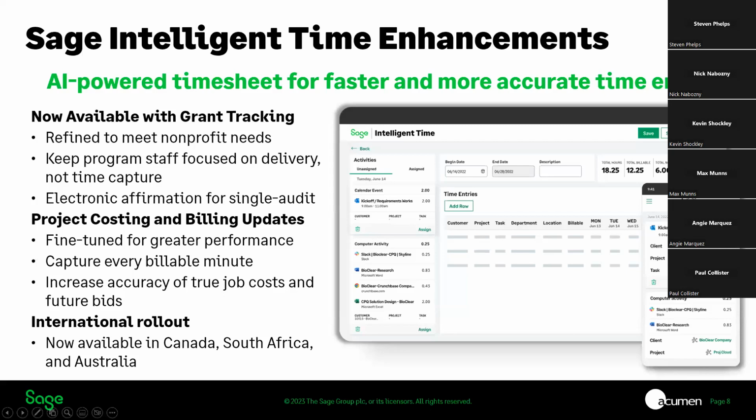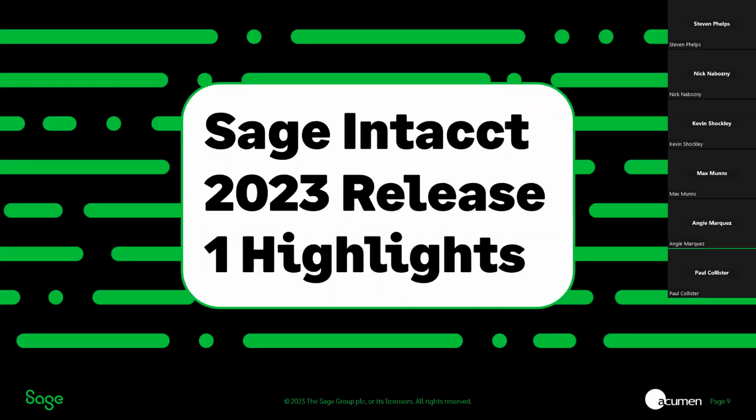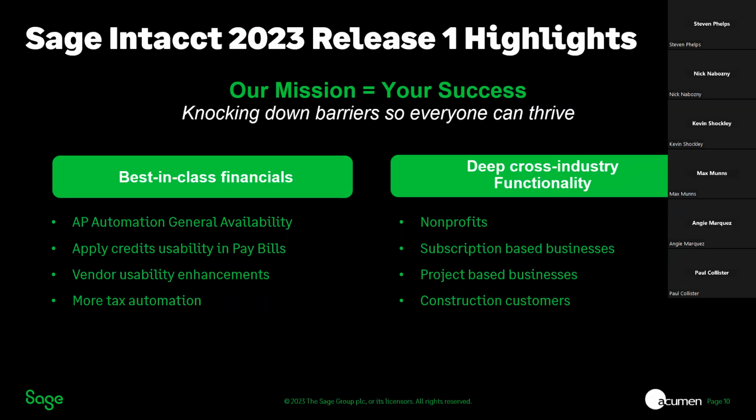Okay, let's now fast forward to Sage Intacct 2023 R1, or Release 1. So this is this year's quarterly release, and we'll go through some of the features that are available here. And so really the big one is AP automation.